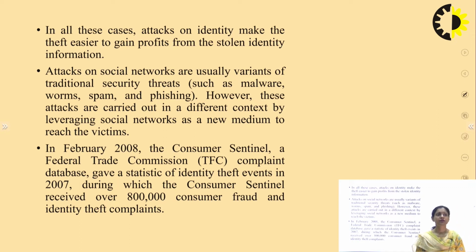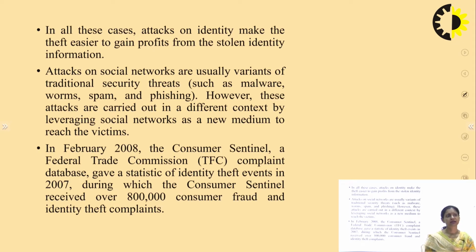The attacks on social networks are usually variants of traditional security threats. Those threats include malware, worms, spam, and phishing. However, these attacks are carried out in different contexts by leveraging social networks as a new medium to reach the victims.